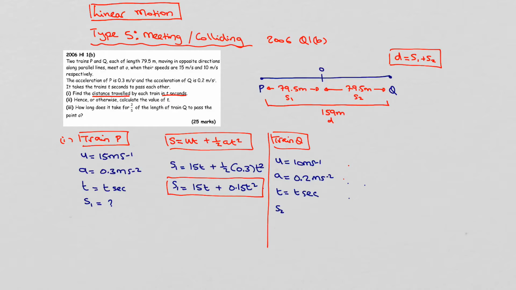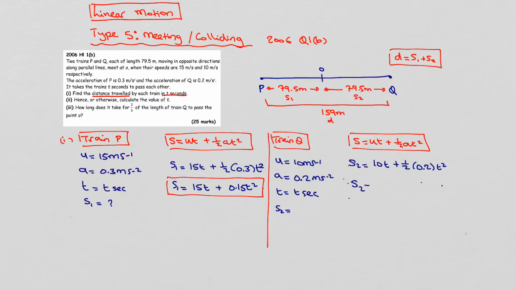And the distance that it travels during any time can be found in terms of S equals ut plus a half at squared. So in other words, at any stage in the journey, its distance travelled will be represented by this equation. So we'll have S2 is equal to ut plus a half at squared.